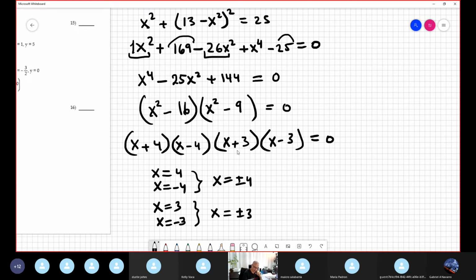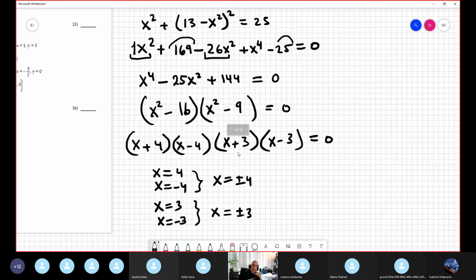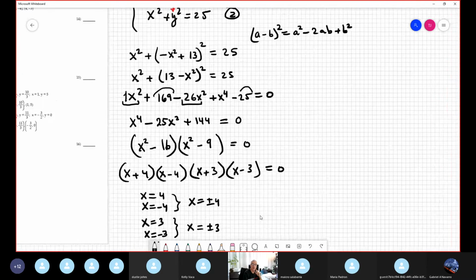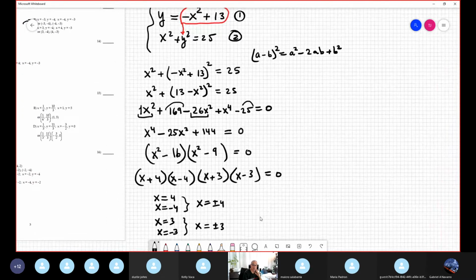Okay. Now I'm going to define the y value associated with this. In my opinion, the best way is to take equation number 1, in which the y is isolated. So suppose that for x equal plus or minus 4, I can plug it in both simultaneously.